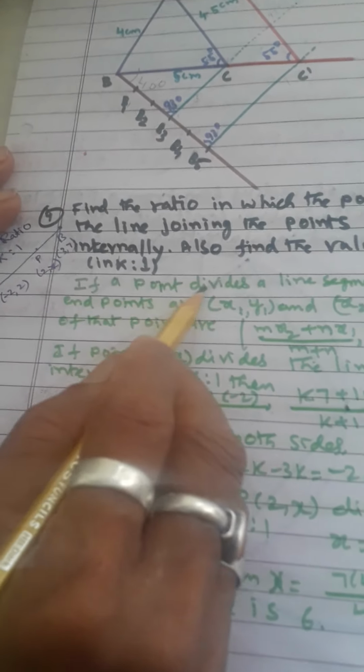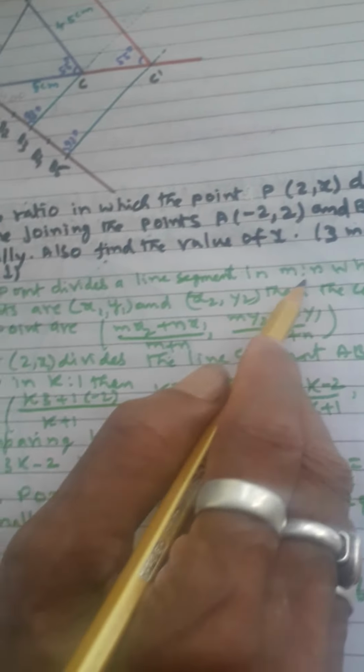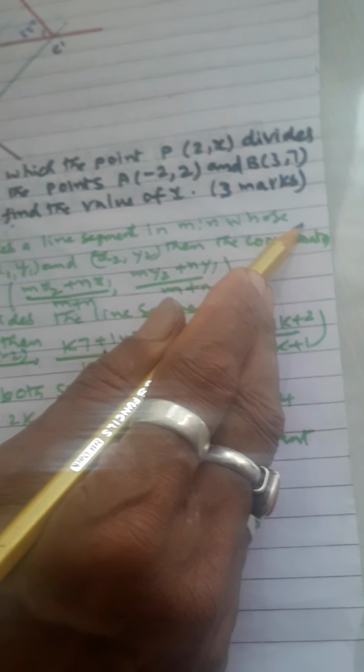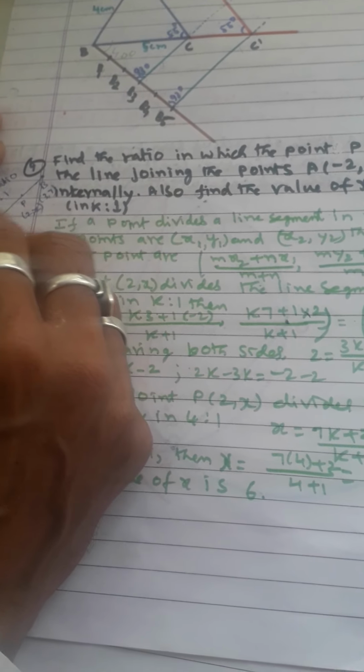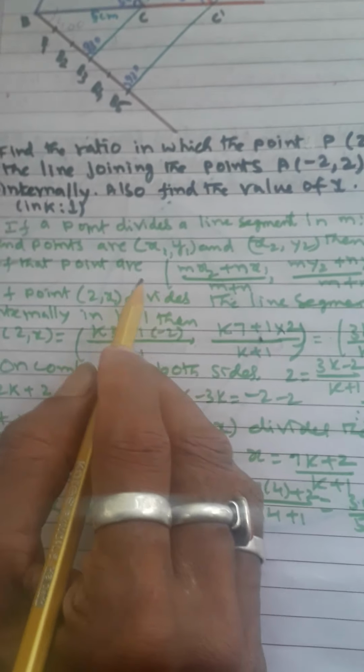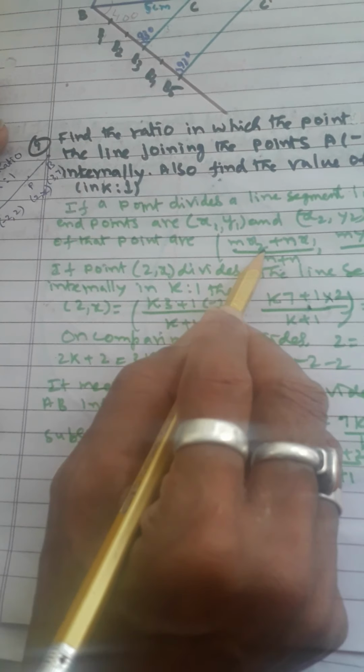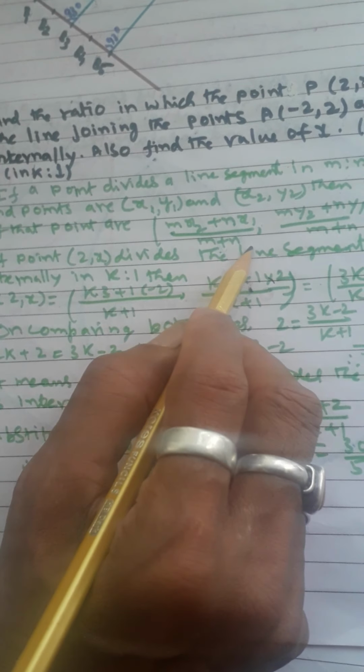Now if a point P divides the line segment in m is to n ratio, and we consider this point as (x1, y1) and another point as (x2, y2), if it divides in m is to n ratio, then we know the formula. The x coordinate value, the first coordinate value, equals (m x2 plus n x1) divided by (m plus n).